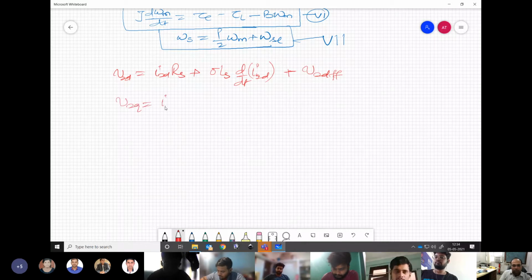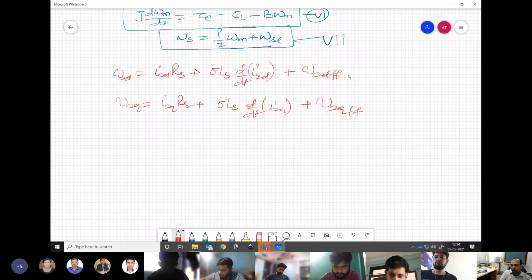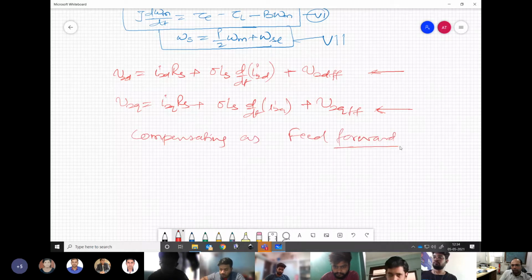Similarly, for the Q axis, I will write ISQ RS plus sigma LS d/dt of ISQ, and whatever is remaining, I will call VSQ feed forward. Now, this is the feed forward term which is non-linear. I am compensating for this in advance, so that later on it doesn't interfere with the control.